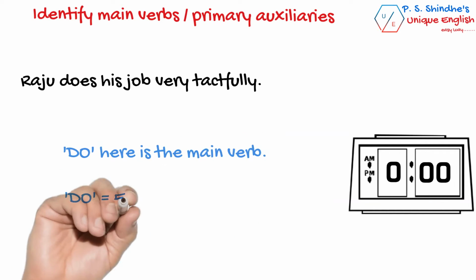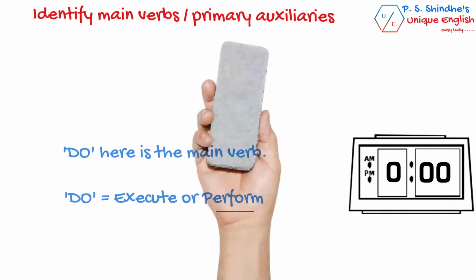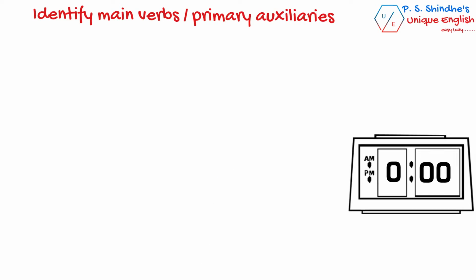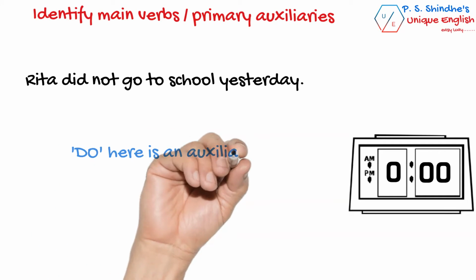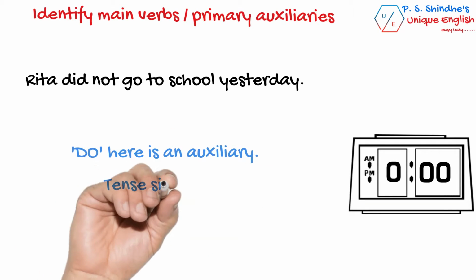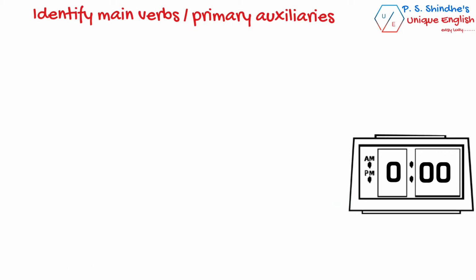Do here is the main verb. Do means to execute or to perform. Rita did not go to school yesterday. Do here is an auxiliary. It shows the tense of the sentence is simple past.